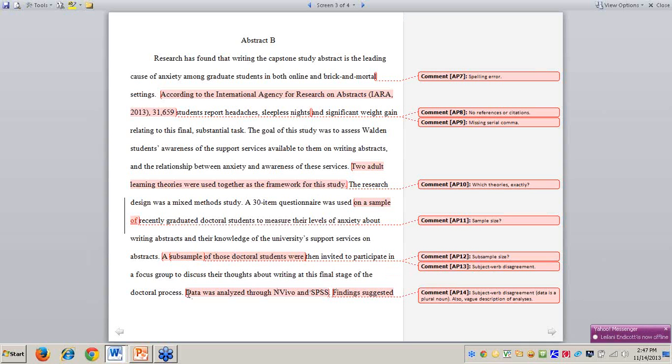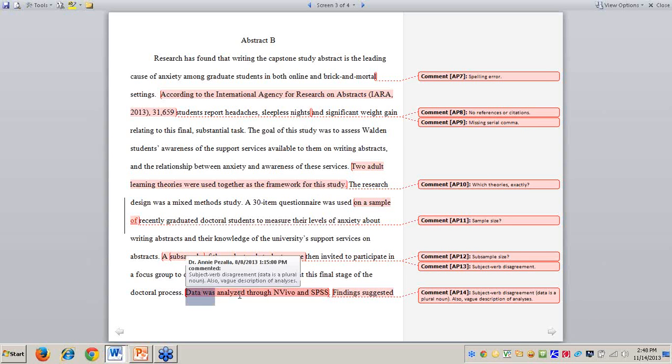And then, anyone catching this error? Data was. I'm pulling up the question to see if anybody has noted this error. Any brave souls? Data were. Thanks, Jeff. Yep, so exactly.